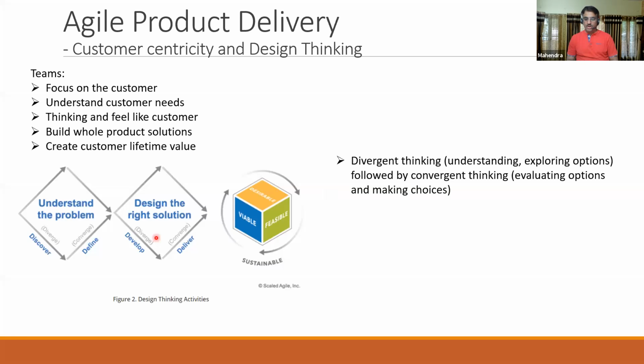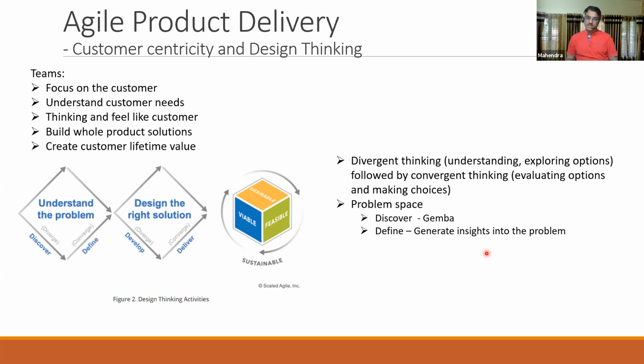It's divergent thinking. First you do some understanding. If you see these arrows that are going, initially you diverge and understand what the problem is, and then converge so that you can define. This same concept applies in both spaces, the problem space as well as the solution space.